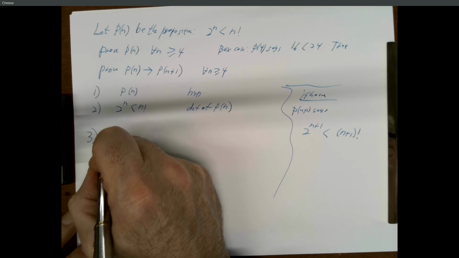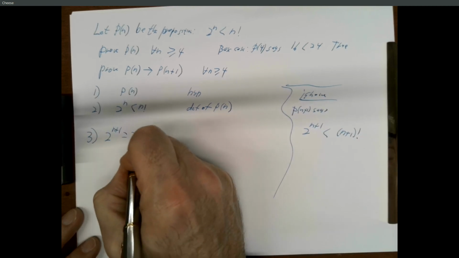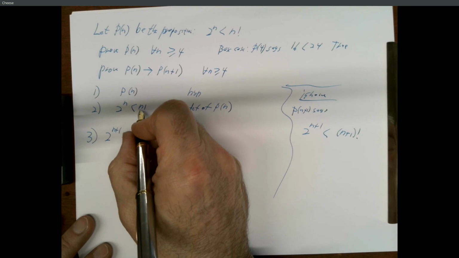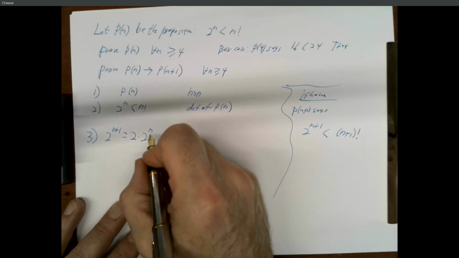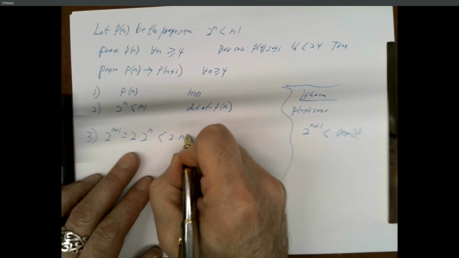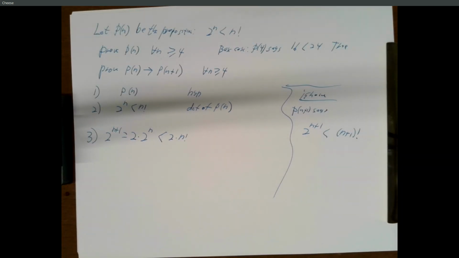So let me do this. 2 to the n plus 1 equals 2 times 2 to the n. That's the definition of 2 to the n plus 1. And since 2 to the n is less than n factorial, and I multiply by 2, 2 times 2 to the n is going to be less than 2 times n factorial. That's just properties of inequalities.